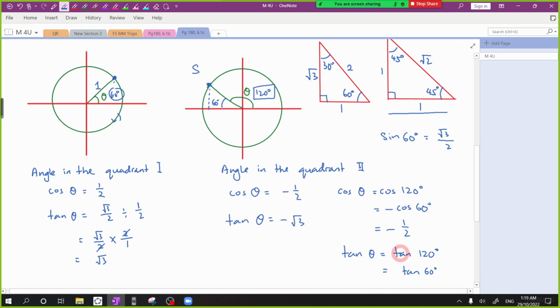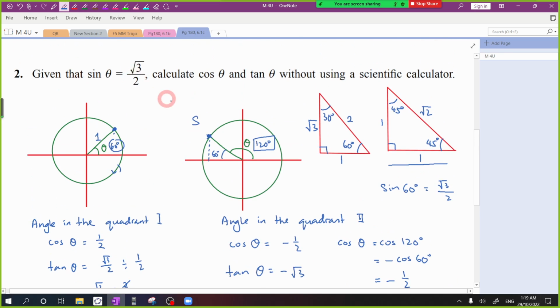Now we are talking about tangent, we need to add a negative sign. Then copy the negative sign. And tangent 60 degree, just get it from your triangle. TOA. Opposite divided by adjacent. Square root 3. So this is how we get the answer for this question using another method.